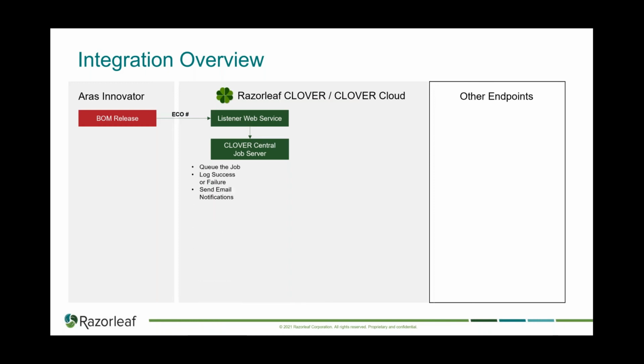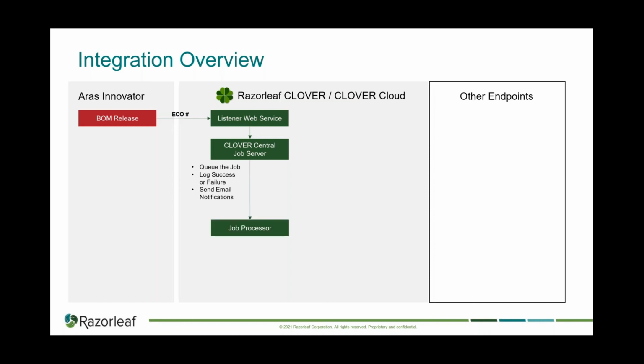The job is queued, all of the job handling parameters added. The central job server is responsible for a number of things, including managing the distributed job servers and checking their availability, logging success or failure, and making sure that you have a success path or a notification to somebody that there was a failure, and coordinating all of that.